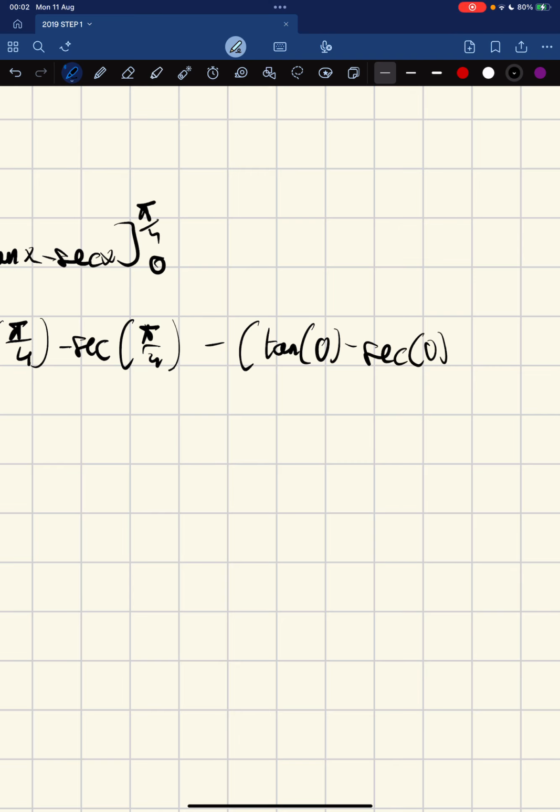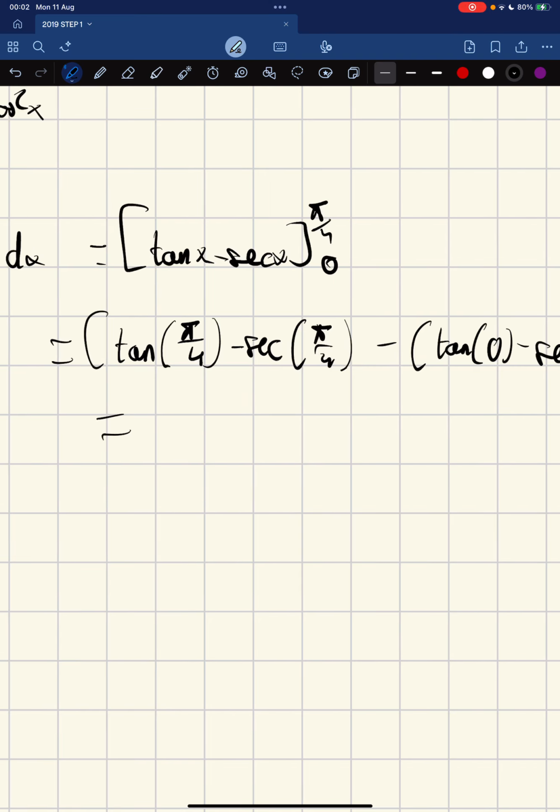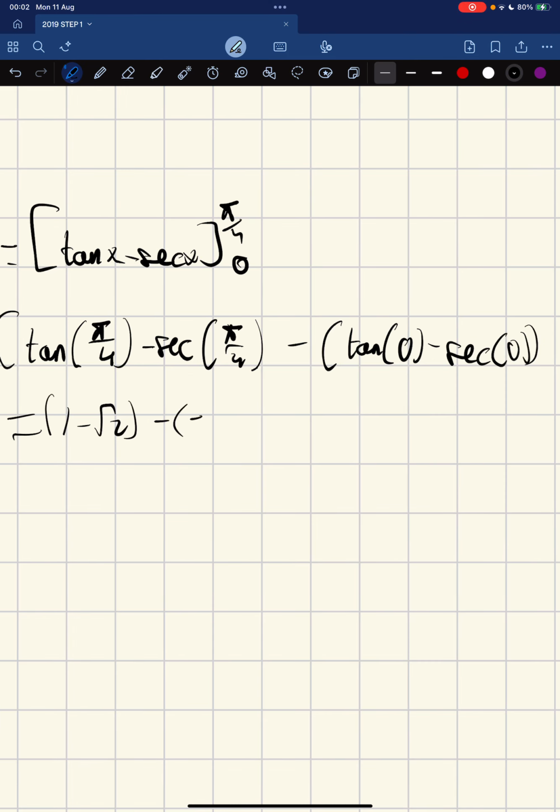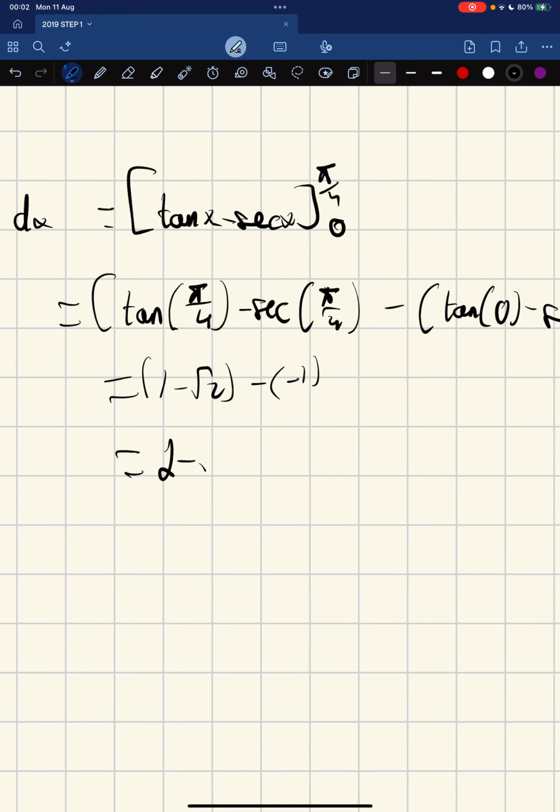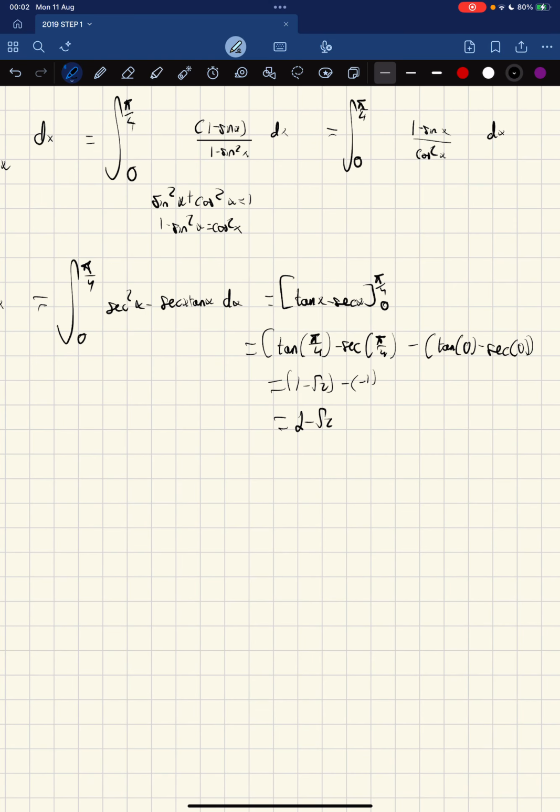That's going to be 1 minus (root 2 minus 1), so we get our answer, 2 minus root 2. Okay, so that's the first part of the question done.